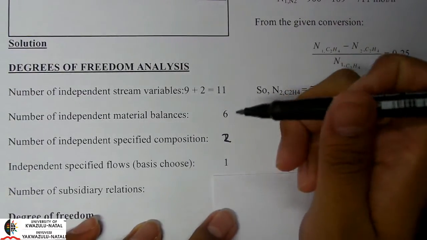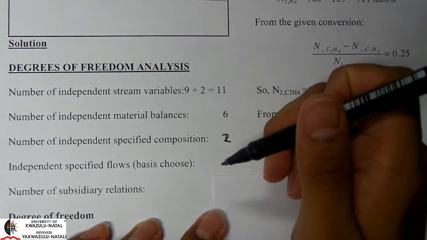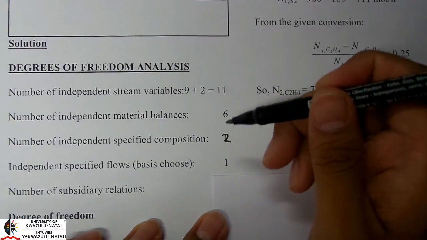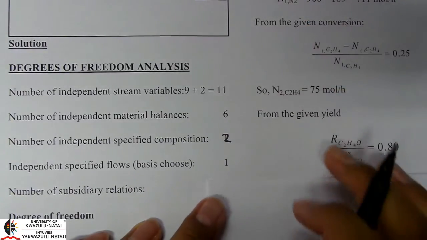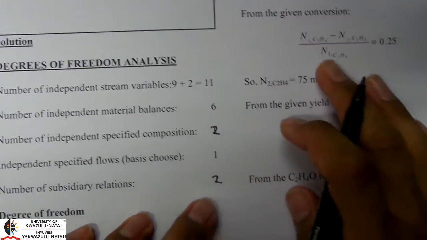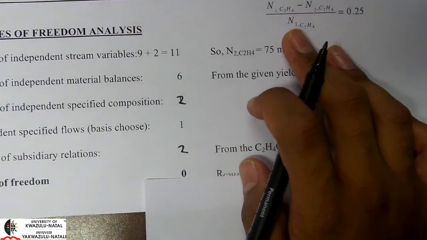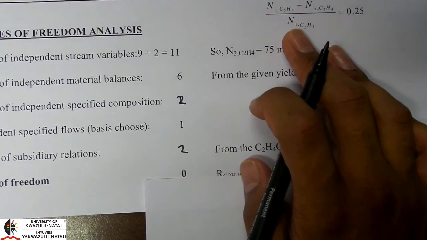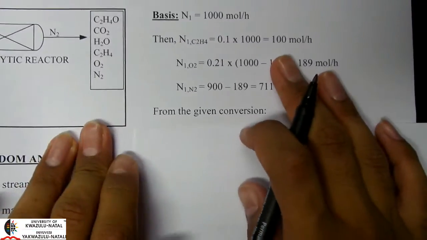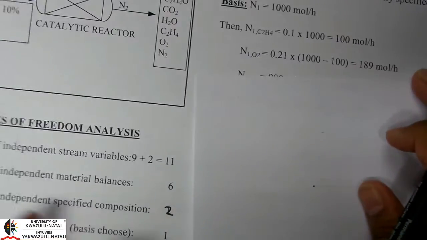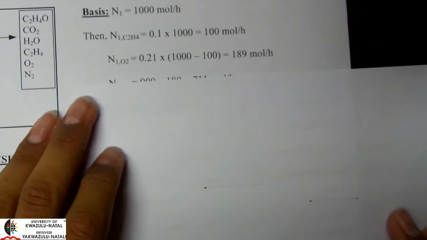Remember that we are given a 25% conversion of ethylene and a yield of oxide from ethylene of 80%, so that's 2 subsidiary relations, and that ultimately gives us a degree of freedom of 0. Okay, so the problem is now correctly specified. So let's look at solving the actual problem.